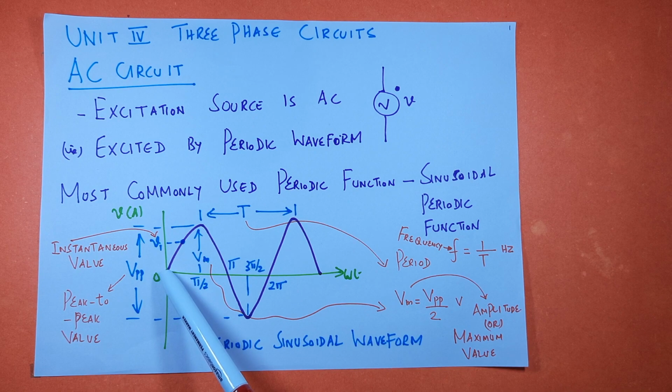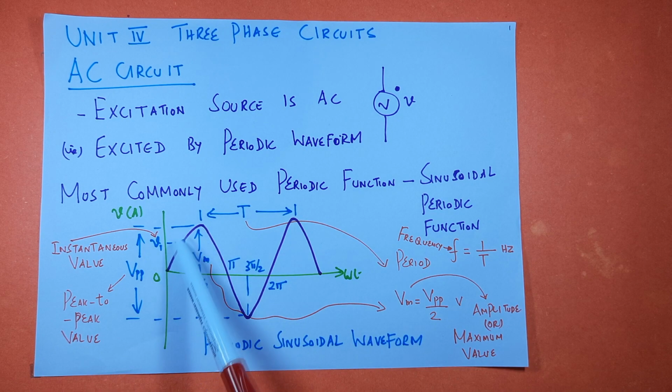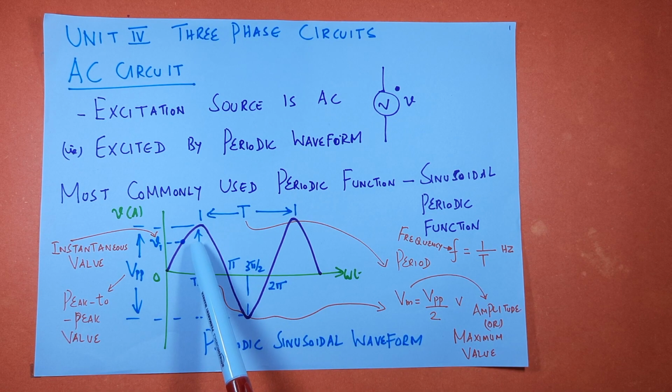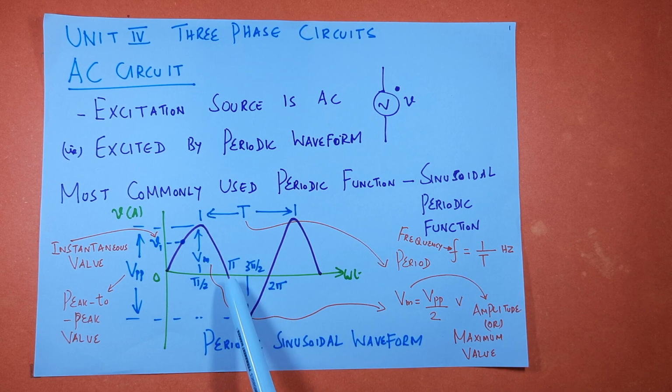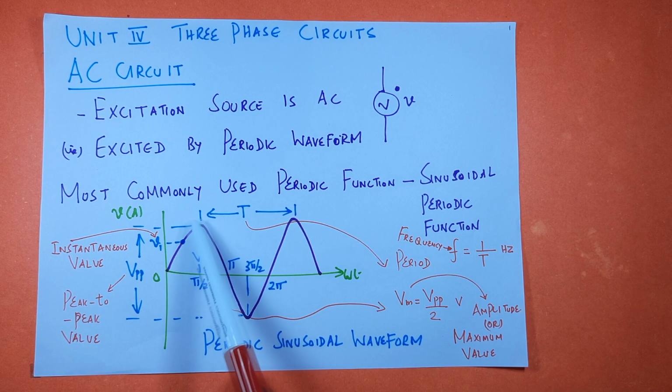This is called one cycle, that is from 0 to 2 pi. 0 to pi is a half cycle, pi to 2 pi is another half cycle. Above the x-axis this is the positive half cycle, below the x-axis this is the negative half cycle. Again this is a positive half cycle. This is the positive peak, this is the negative peak.